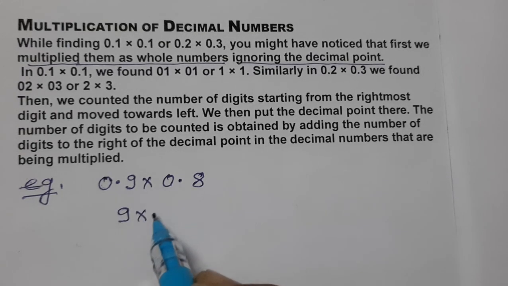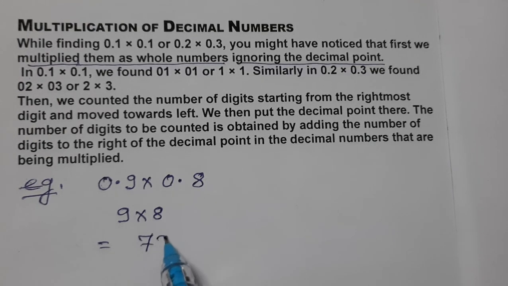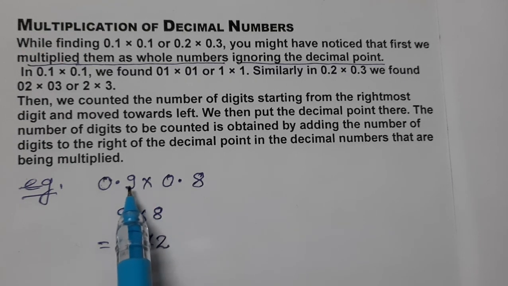9 into 8. We have taken 0.9 as 9 and 0.8 as 8, so we have multiplied them as whole numbers. Now multiply. 9 eights are 72. So we have written 72. Now the next step is to put the decimal. So start from the rightmost digit and count.